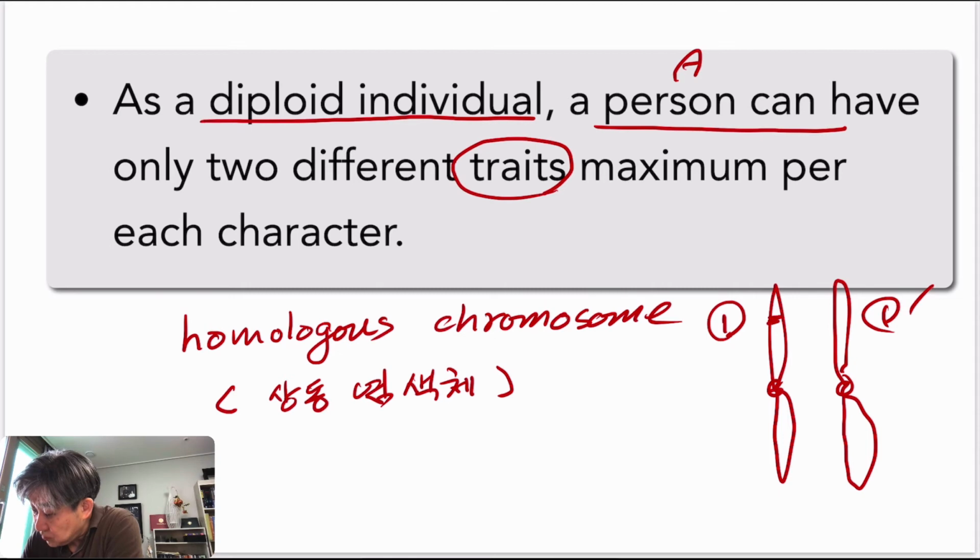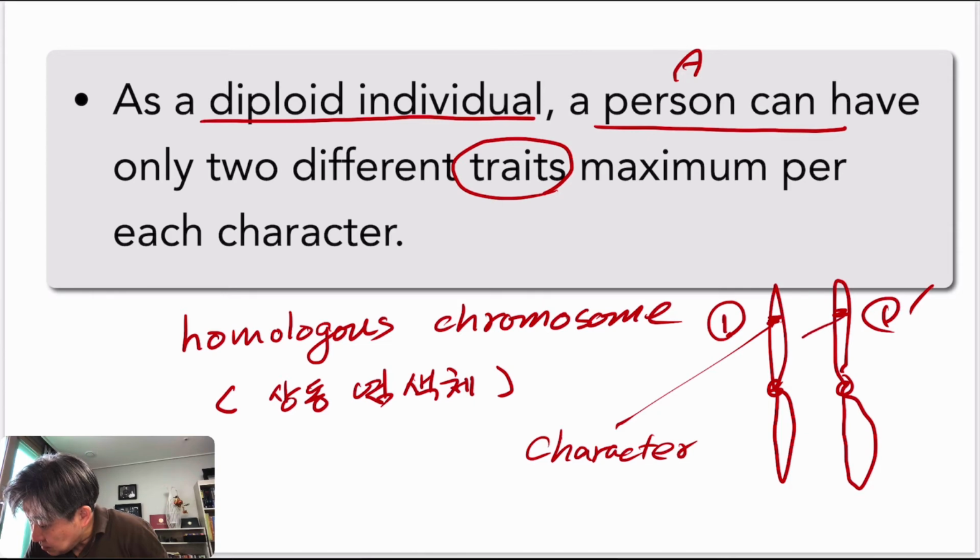So if the chromosome is a kind of vehicle or container for genes, then at the same position the same type of gene or character can be found. However, at the same position, the actual nature in terms of trait could be different.